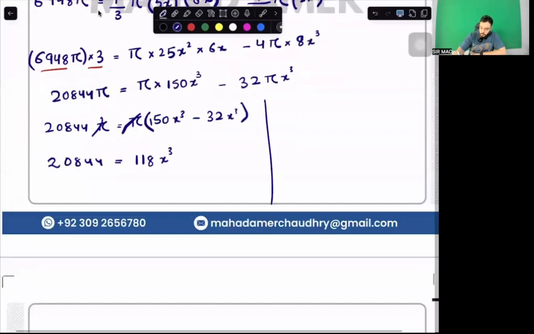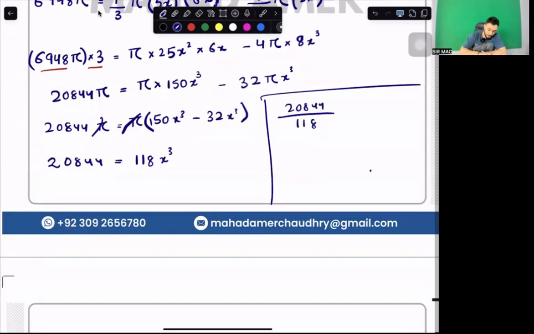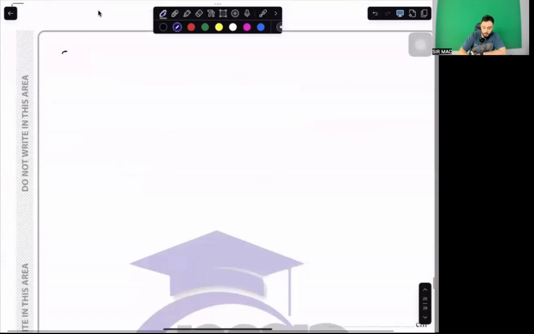Solving it, just getting the value to x over here. So 20844 divided by 118 is going to be 176.6, which is equal to x cubed. You would have to cube root that, and you would be left with x as 5.61. So x is going to be equal to 5.61.